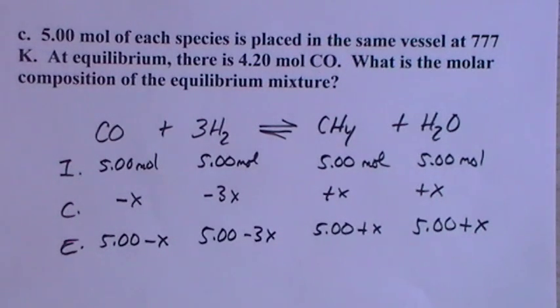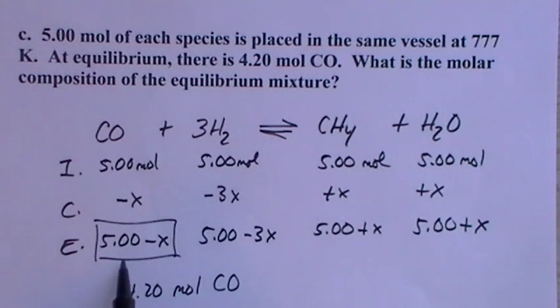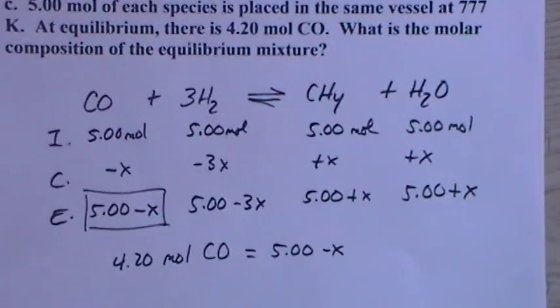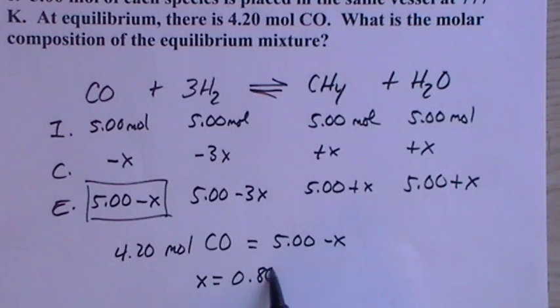Then they say at equilibrium we find that there is 4.20 moles of CO. Well, at equilibrium we have 5 minus x CO, so these are equal to each other. We set up the table with variables, and then they tell us what CO actually is. So x is going to be 0.8 moles when you solve for it.